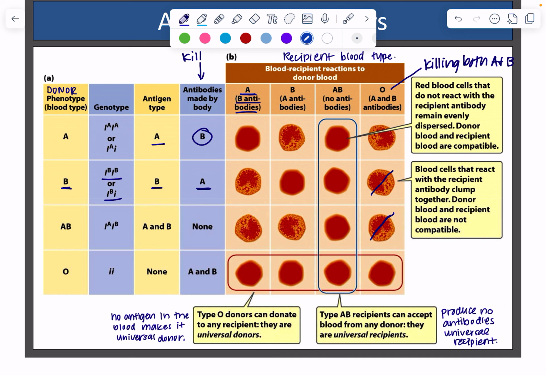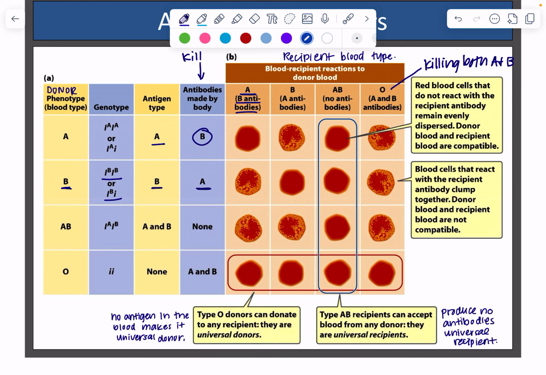And AB has both antigens. An antigen is a foreign material, and if your body has an antibody for it, it'll find that antigen, attack it, and kill it. That's why you have to make sure you give the right blood to the right people.